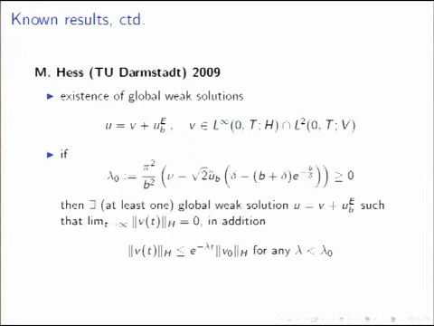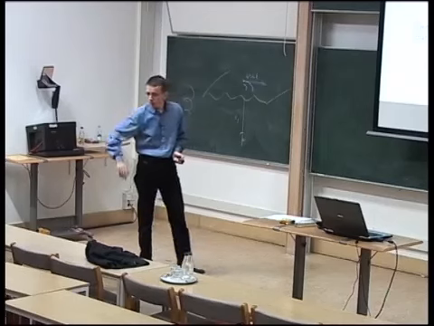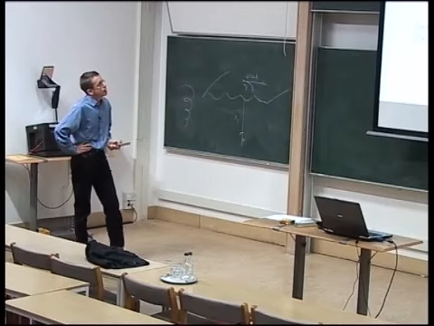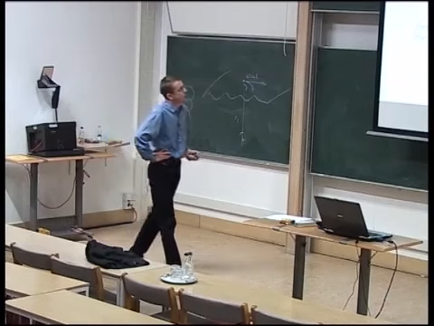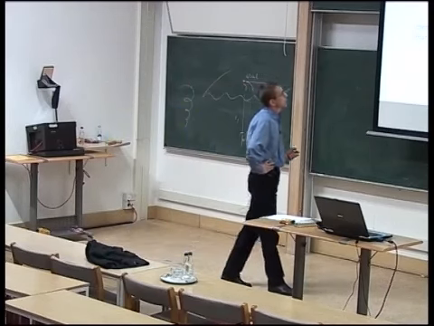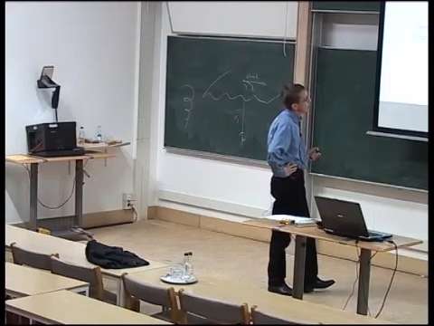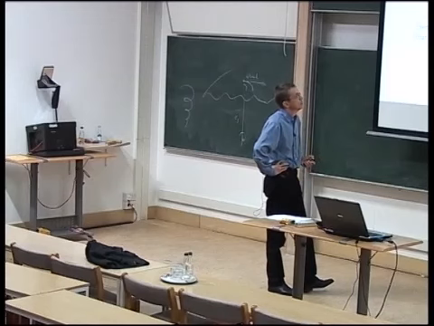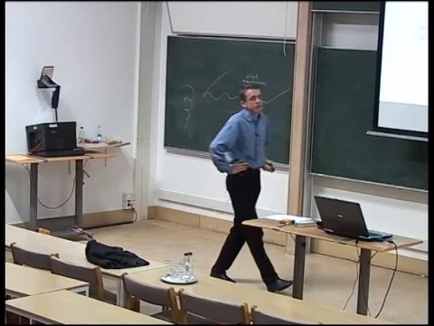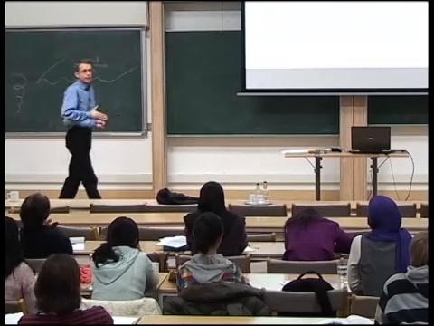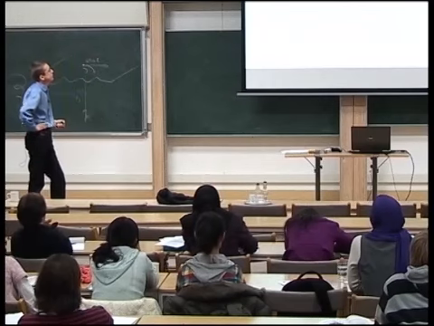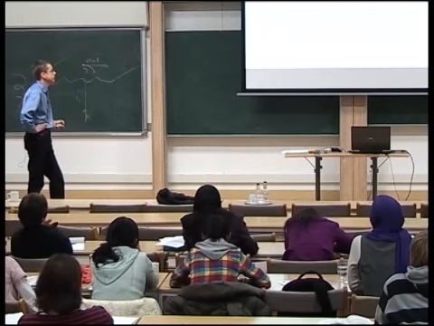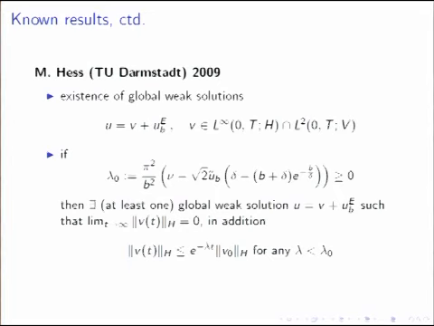If the parameters are chosen in a suitable way, this has to do with the spectrum of the Stokes operator. Then one can show there is at least one global weak solution of this Navier-Stokes-Coriolis equation that decays to equilibrium, or to the stationary solution, in L2.